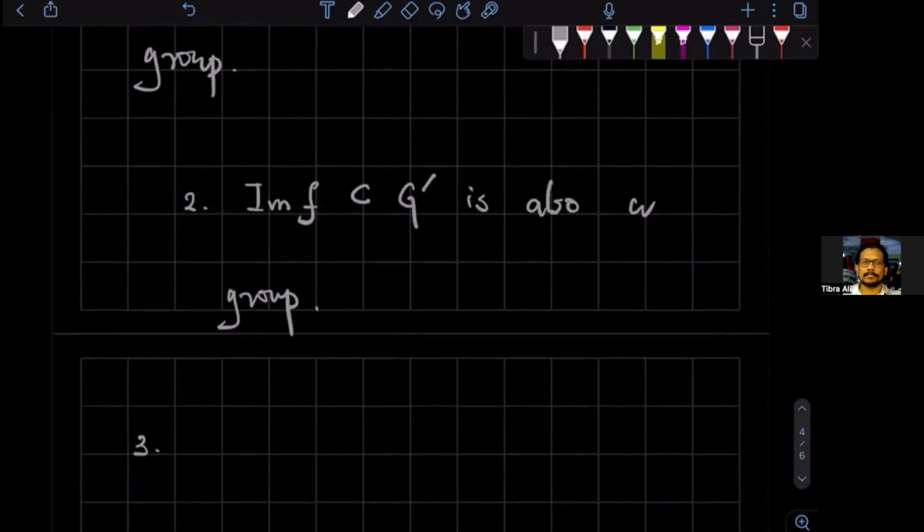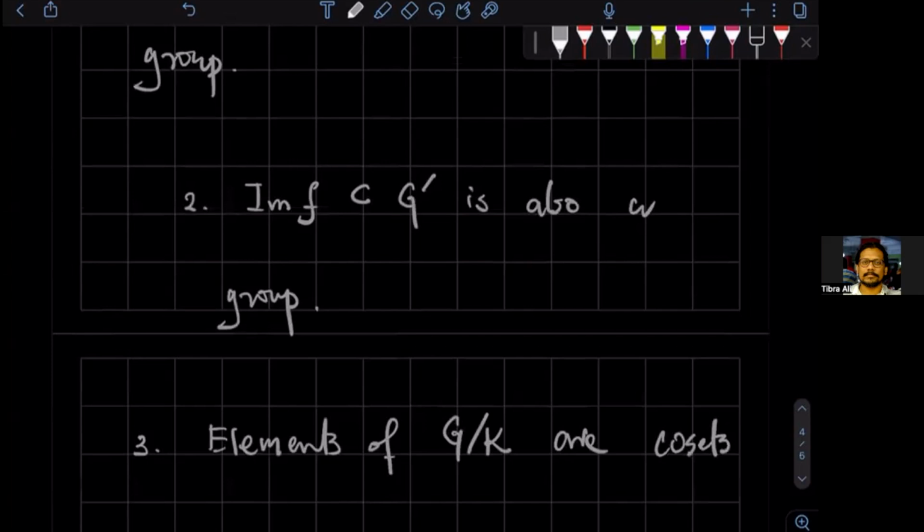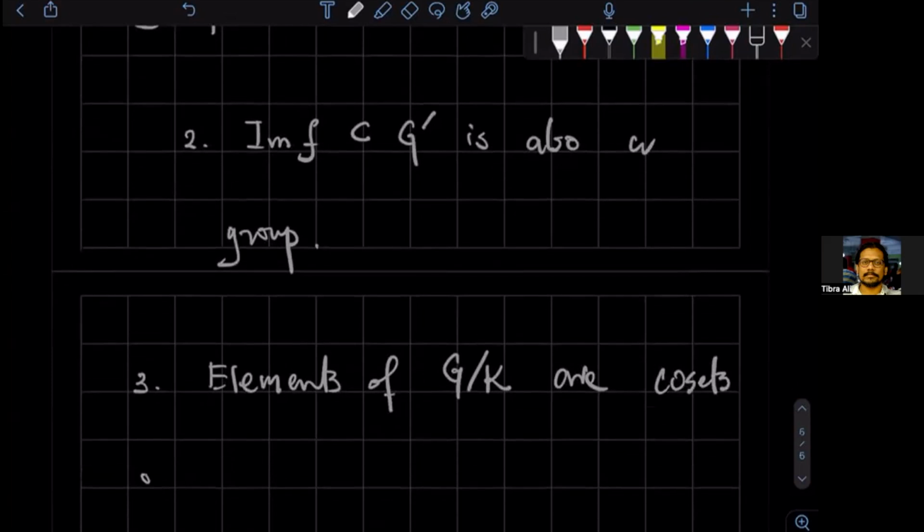Other things we know is that elements of G over K are cosets of the form G of K, right?